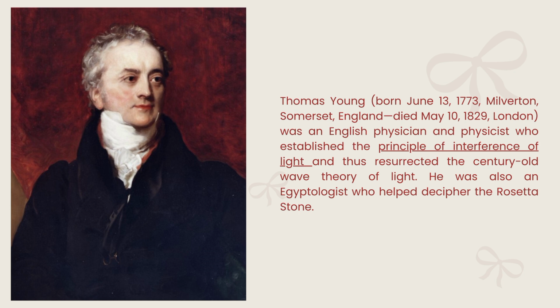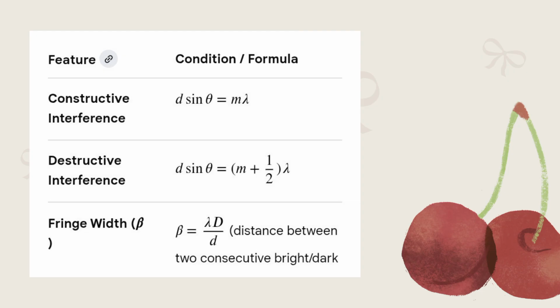This happens because the path difference is a half-integral multiple of the wavelength. So here are the formulas, wherein small letter d represents the separation distance between the two slits, and big letter D represents the distance of the slits to the observation screen, m is the order of the fringe or the integer, and lambda is the wavelength of the light.